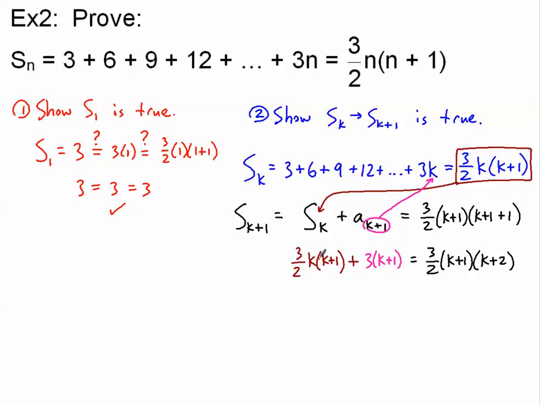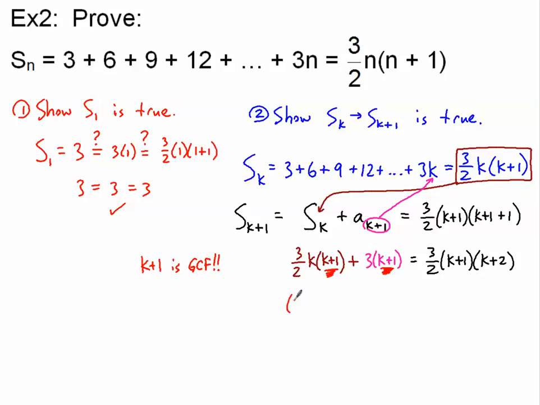Some people are going to want to distribute and get their like terms together and then refactor. That's absolutely fine. But I see that there's a k plus 1 and another k plus 1, a k plus 1 in this brown term and a k plus 1 in this fuchsia term. K plus 1 is a GCF. And if you see that, it might make things a little bit easier.